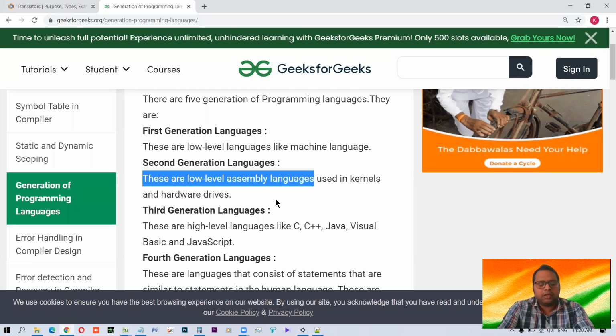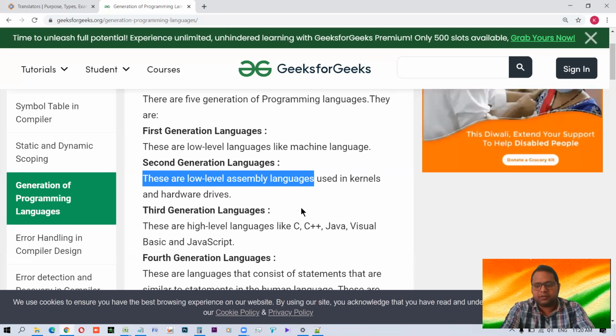These were replaced by what are known as mnemonic codes. These codes in assembly language were better than the binary language. For a human brain, memorizing a 0101 sequence is not that easy. So some codes were there.